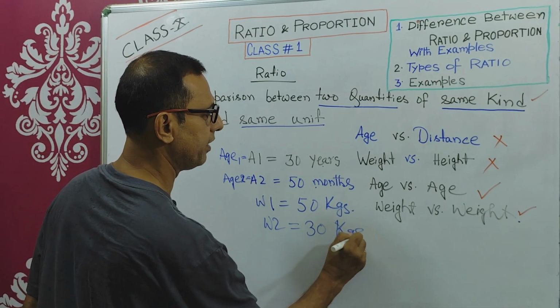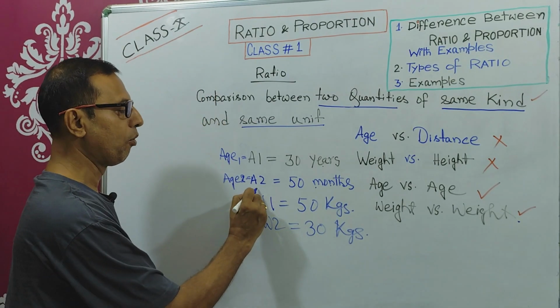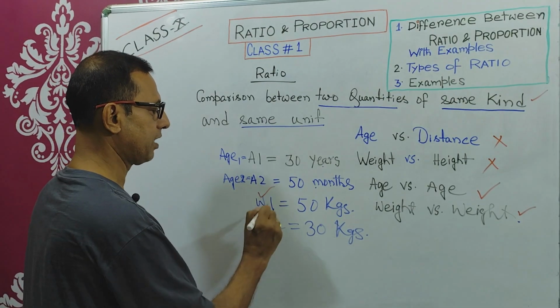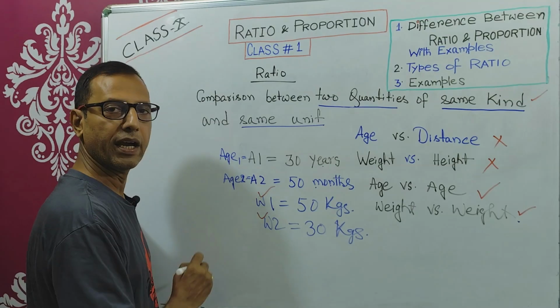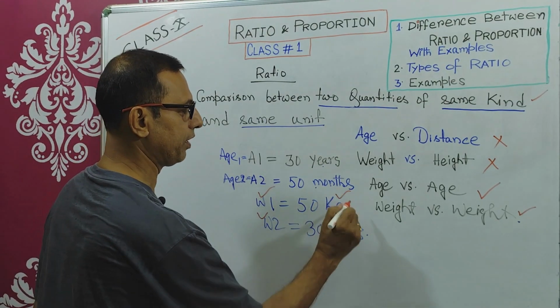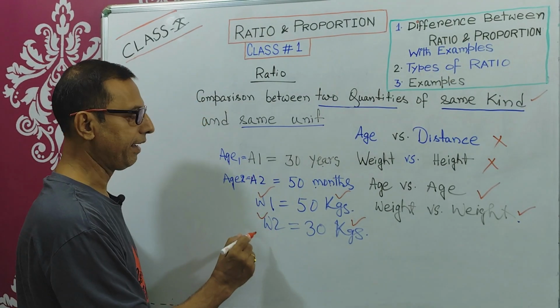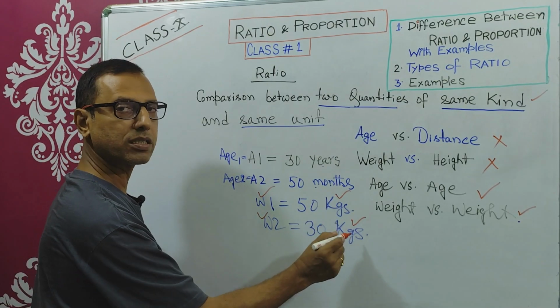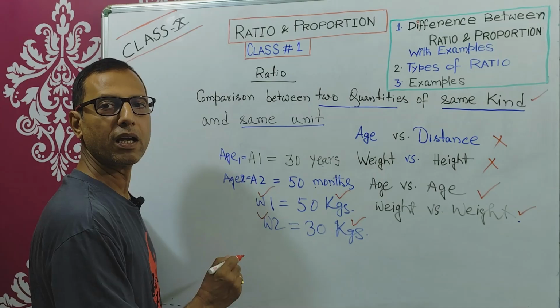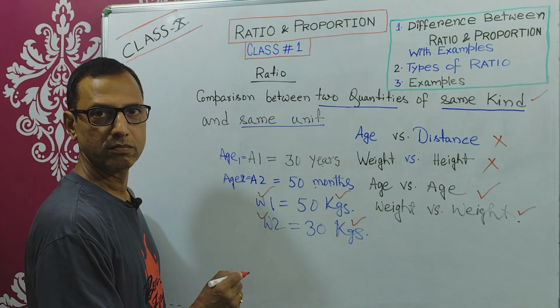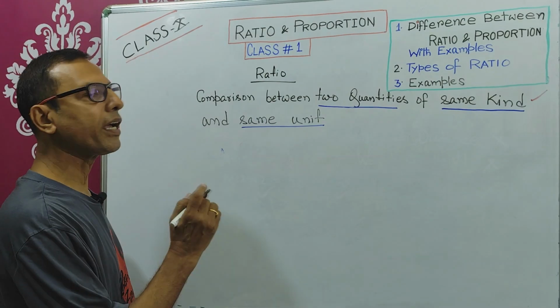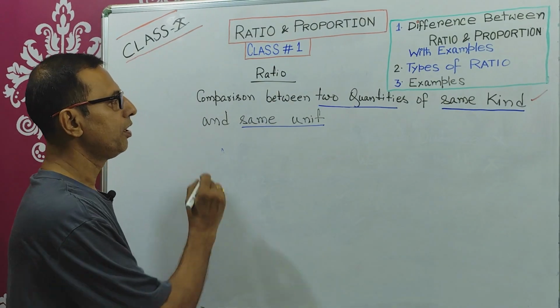Can you compare? Yes, because both are weight, the same kind, and the same unit. If the kind is the same and the units are the same, then you can compare between two entities. That is ratio.